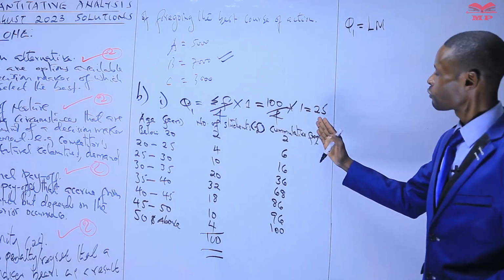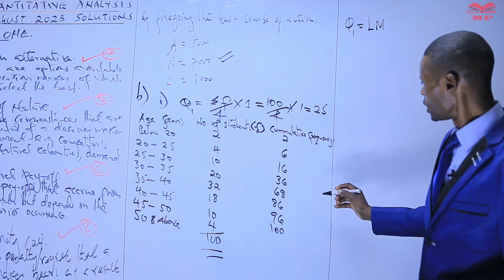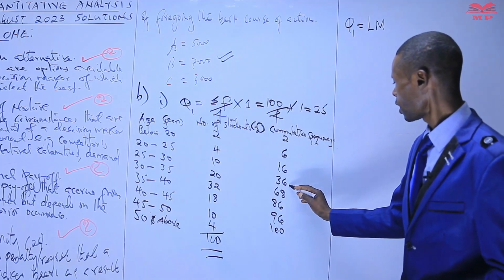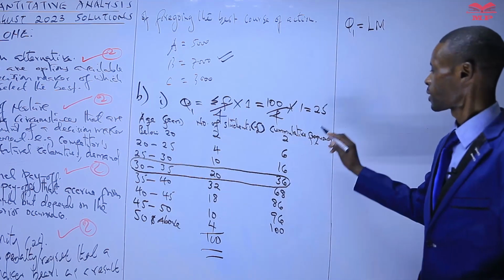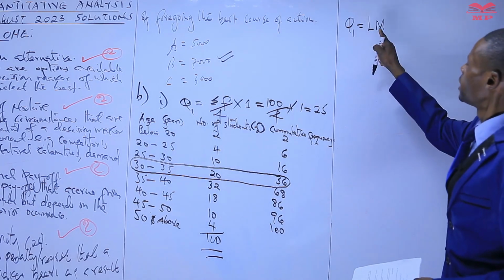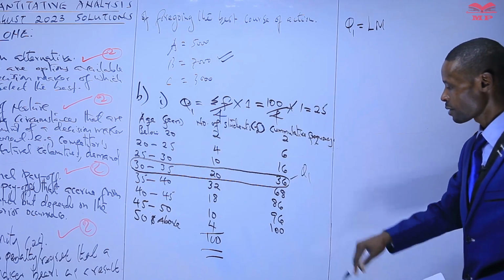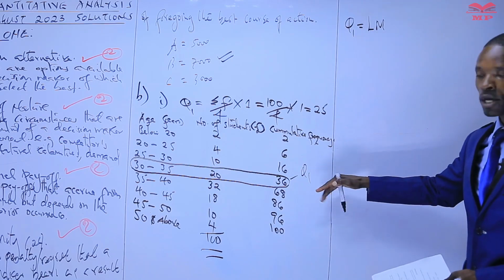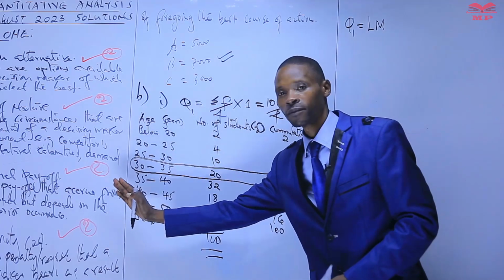Where does my 25 fall in respect to cumulative? 25 falls in respect to 36 here. So I'm going to circle it. That is our quartile 1. So the lowest boundary in that quartile is 30.